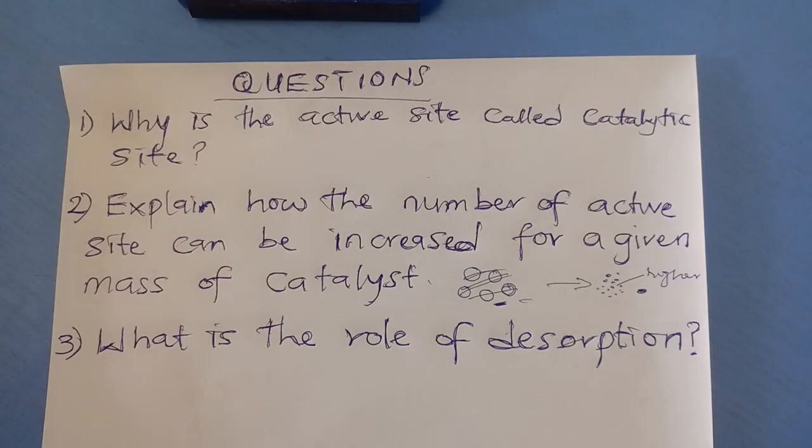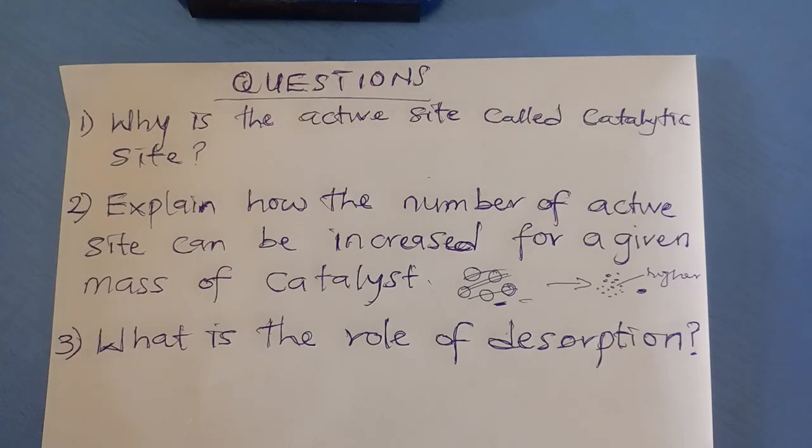Diffusion is the last process, but desorption is what leads to the diffusion. Now, the role of desorption is the release of the product from the surface of the catalyst. So when desorption takes place, what is now the role? Let me explain.